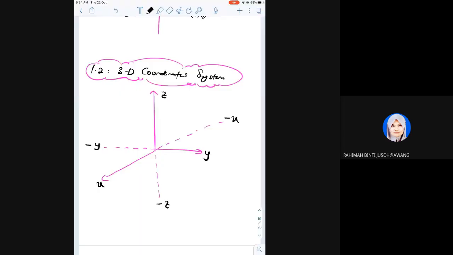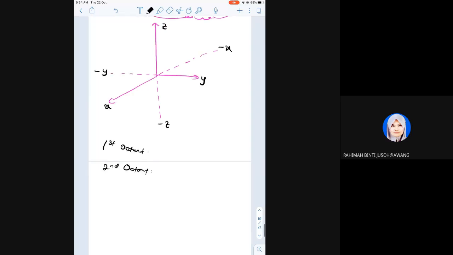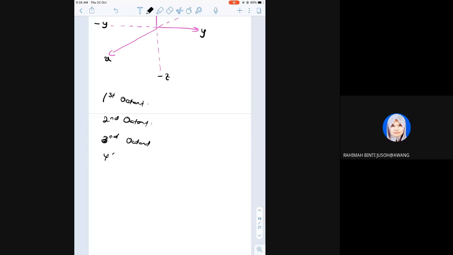We go back here. Okay, now kita nak identify coordinate. Okay, kita ada 8 octane. First octane, second octane. You tulis salin. Third octane, fourth, fifth, 6, 7, 8.